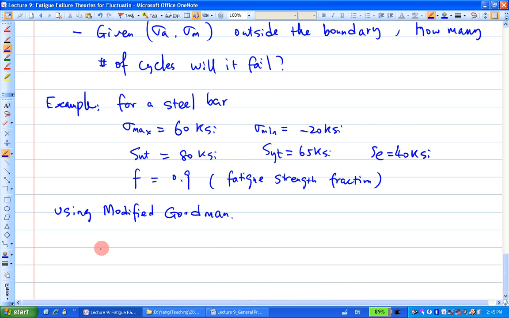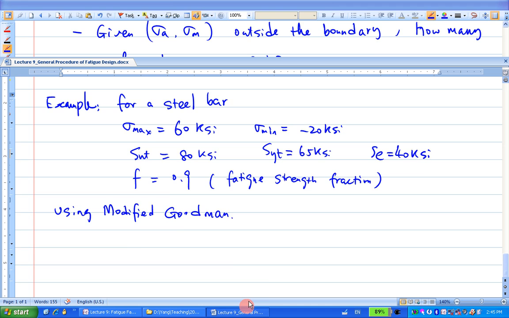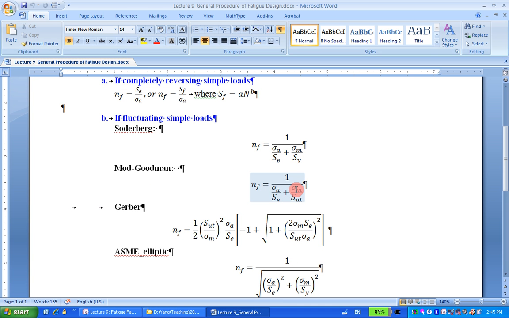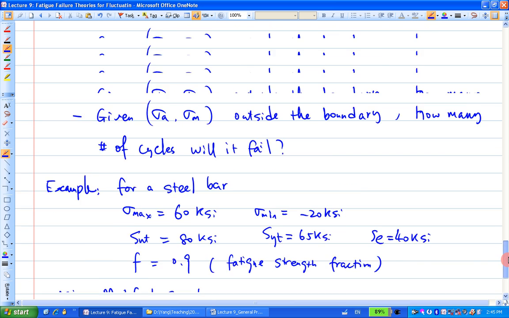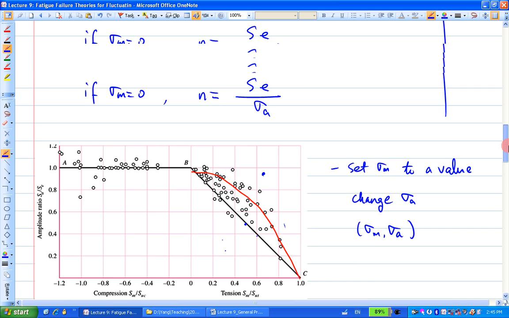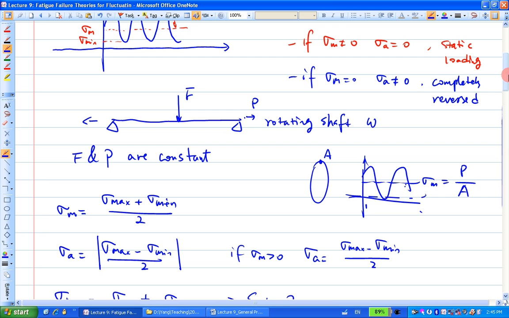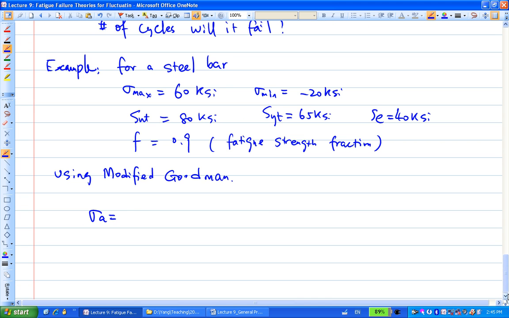Looking at this equation, we need sigma A and sigma M, and then apply the SE and SUT. Where is sigma A from? Sigma max and sigma min, right? The equation is what I showed you at the beginning of the lecture, so apply the equation right here.